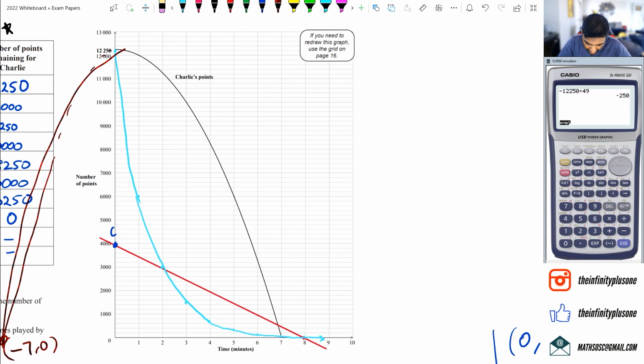We can also comment on the point where these two are meeting. Around the 2-minute mark, Ann and Ben have both the same number of points, which is around 3,000. And then you can also talk about this intersection here, which is Ann and Charlie.